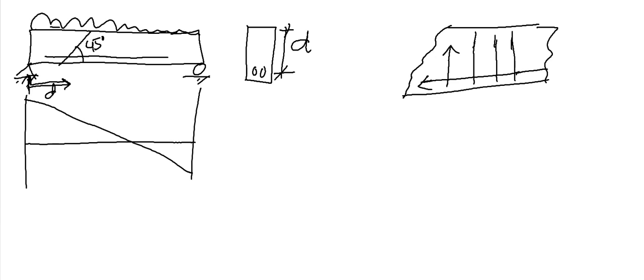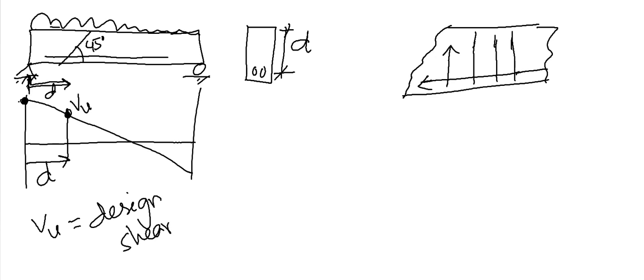Now this is why, in this shear force diagram, the maximum shear force is this value. But when we design, we do not consider this value. We consider our shear force at d distance. Whatever the shear force here, we name it Vu. This is our design shear force.